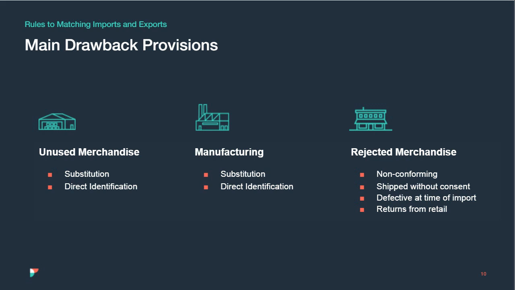As we said before, Canada and Mexico account for 33% of our exports, at least from a value standpoint. Returns from retail is a specific type of rejected merchandise, but it does present challenges that could affect the drawback eligibility overall on exports to Canada and Mexico.